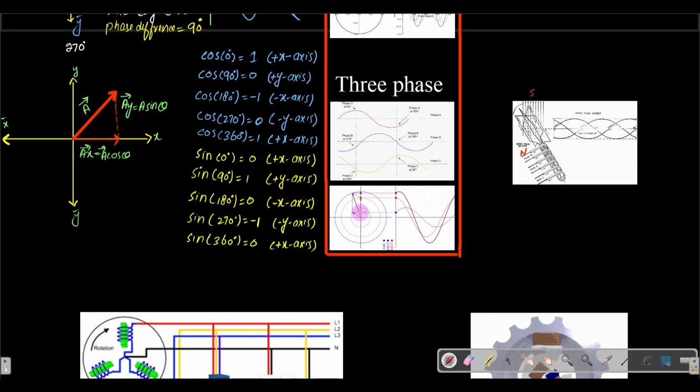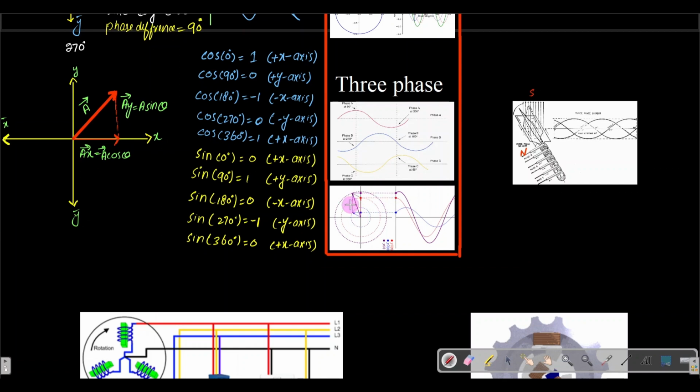So how do we draw the phasor for these three phases? The phasor diagram for that is this. Here the vector for the first is this, for the second the vector is this, for the third the vector is that. This is actually the projection.